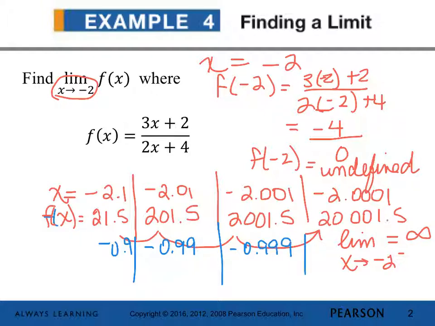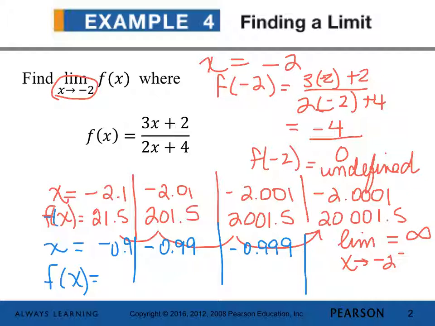And if needed, we could go further, but I think we'll probably go with just those three x values because we should see a pattern. And of course, we're still looking at f of x values. So again, making the table, I'm going to go negative 0.9, negative 0.99, negative 0.999.